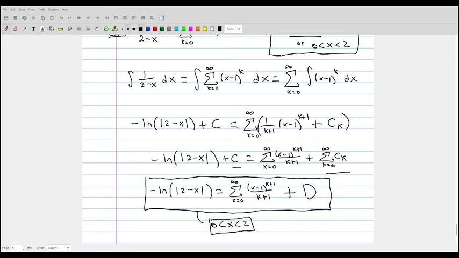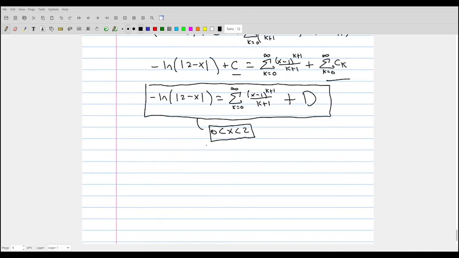Like that, we started out only being able to do geometric series, so that function 1 over 1 minus x at the beginning of the lecture, using what we know about geometric series. And we've subsequently gotten now to the point where we can get a wide variety of functions using that 1 over 1 minus x is the summation of x to the k when the absolute value of x is less than 1.